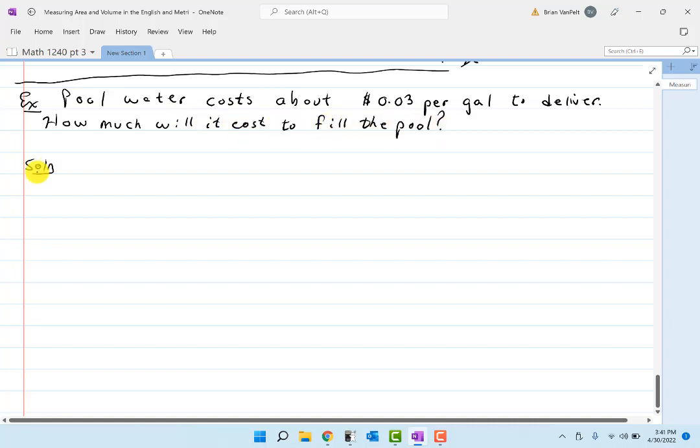Well, you know how this works. We take our gallons, we have 11,220 gallons, and we multiply by 3 cents per gallon. Remember, per means to divide. So these gallons actually do cancel out just like the rest of the problems, and we simply do our multiplication.